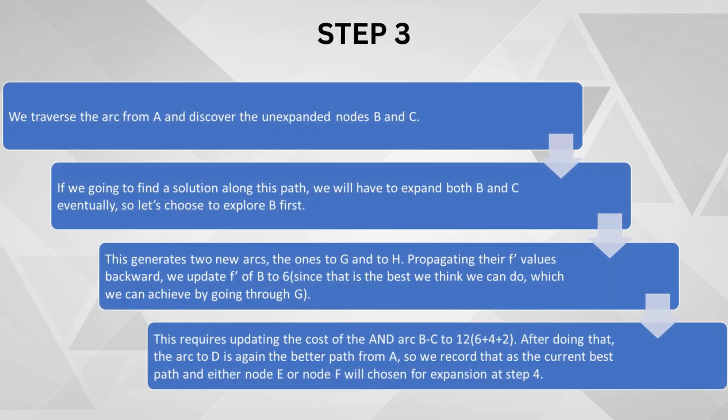We traverse the arc from A and discover the unexpanded nodes B and C. If we are going to find a solution along this path, we will have to expand both B and C eventually. So, let us explore B first.